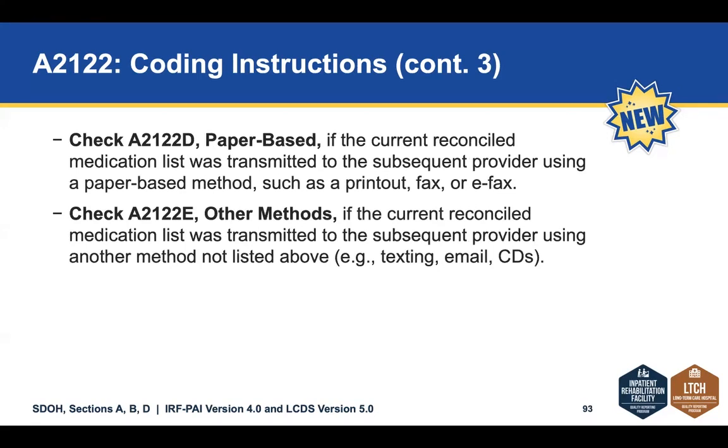Finally, if the reconciled medication list was transmitted to the subsequent provider using a paper-based method like a printout, fax, or electronic fax, the assessor would check A2122D, paper-based. And if this information was transmitted via other methods not listed here, the assessor would check A2122E, other methods. Examples of other methods might be via text, email, or a CD.